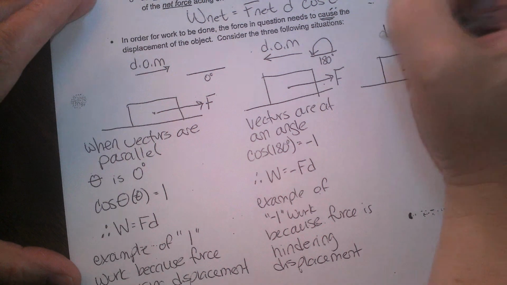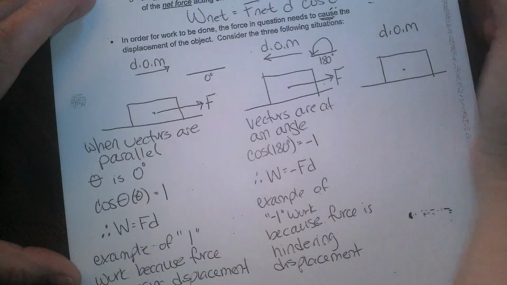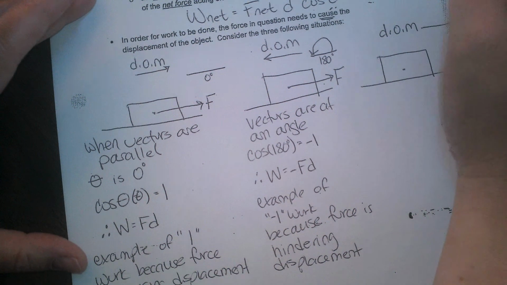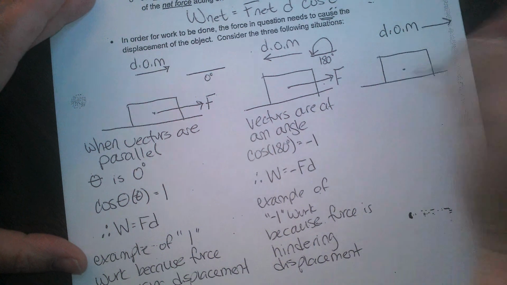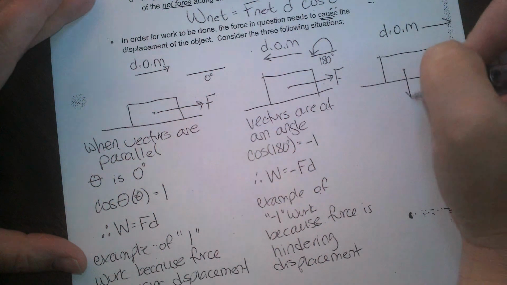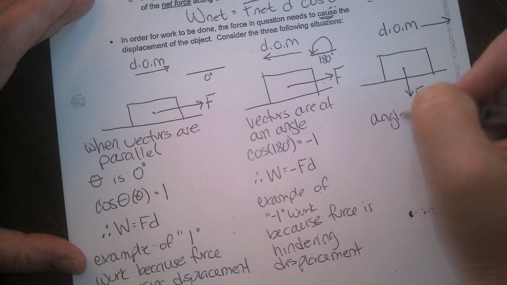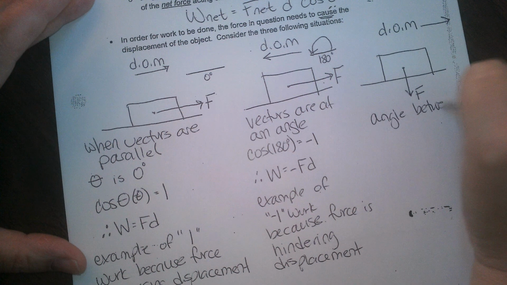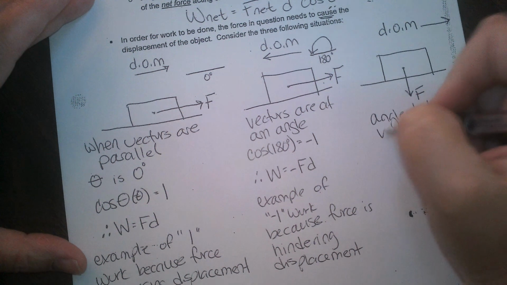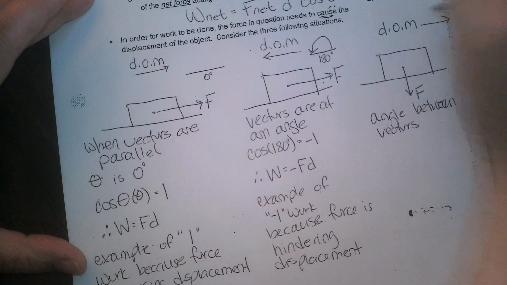Now, third scenario, we go back to the direction of motion being this way. But what happens if there's a force being applied this way? So the angle between the two vectors is what?